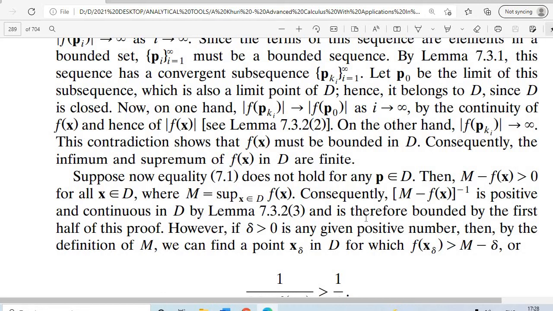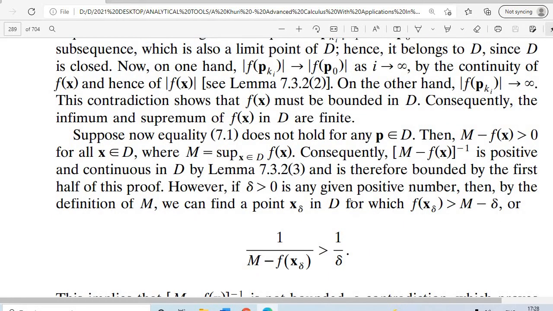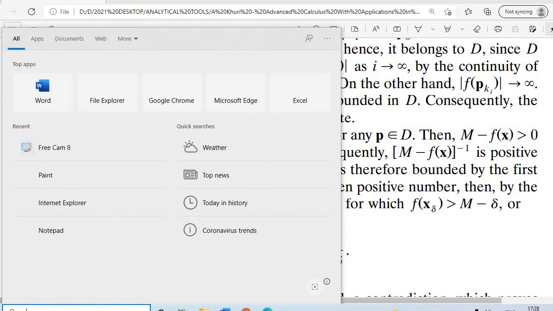And you know the supremum property. What is the supremum property? I will show.